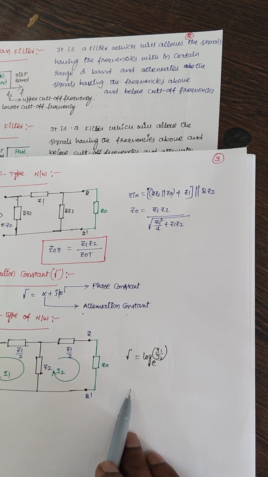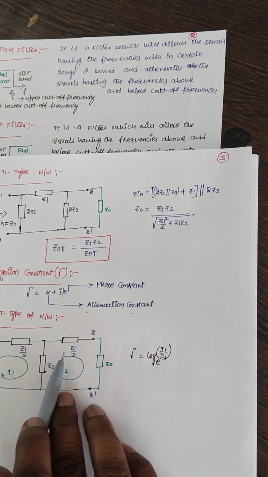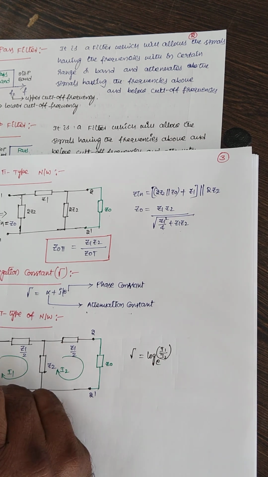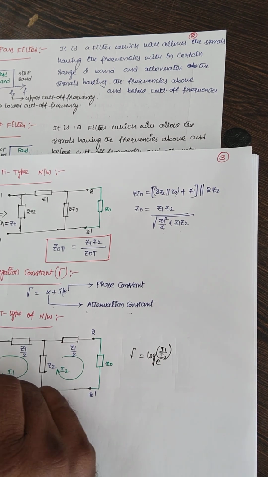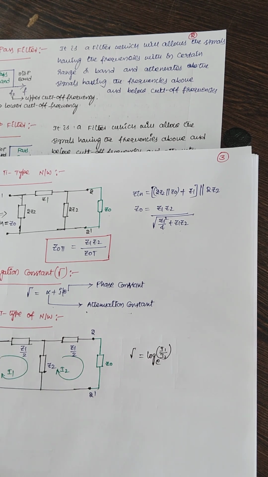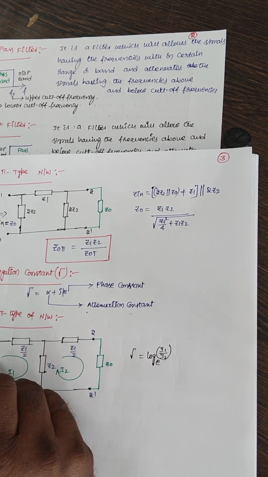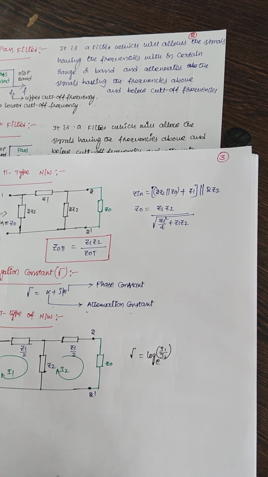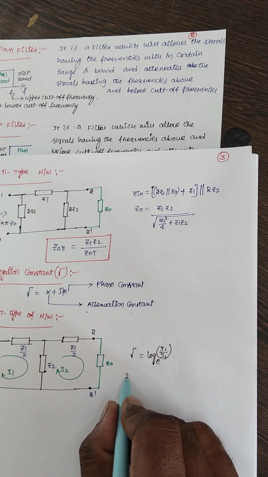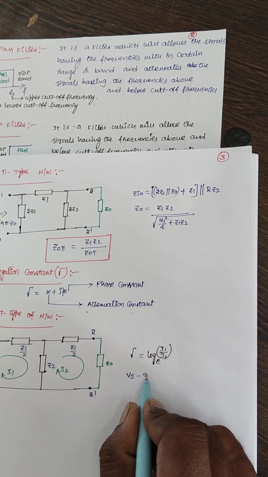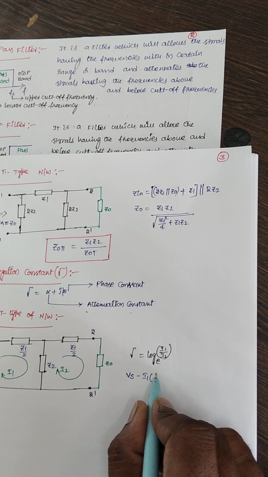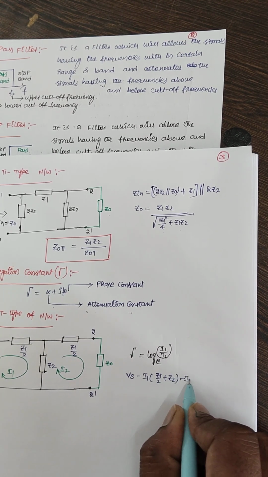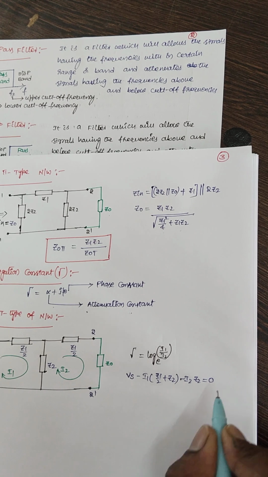If you write the loop equations, let me consider the voltage from here to here as Vs. The mesh equation is Vs minus I1 into Z1 by 2 plus Z2, minus I2 into Z2 is equal to 0.